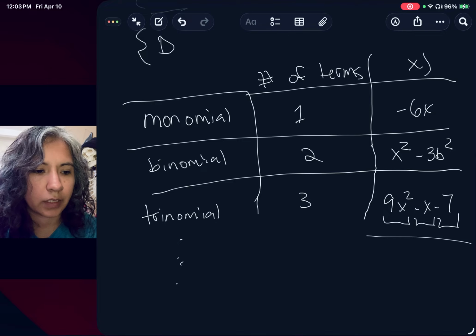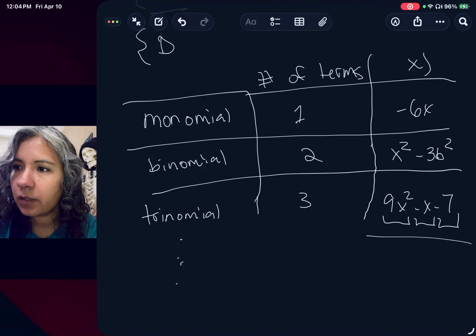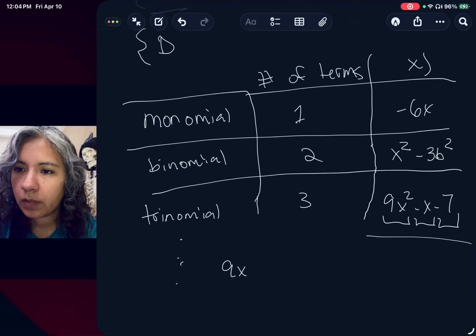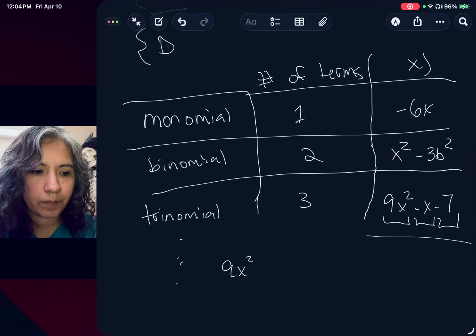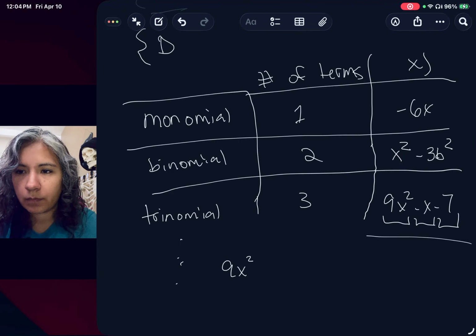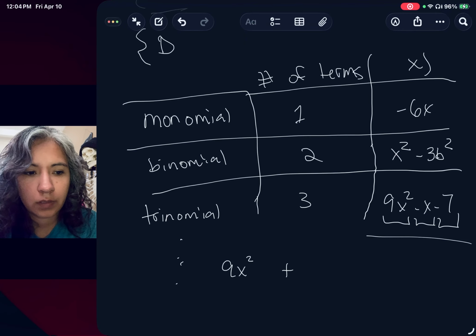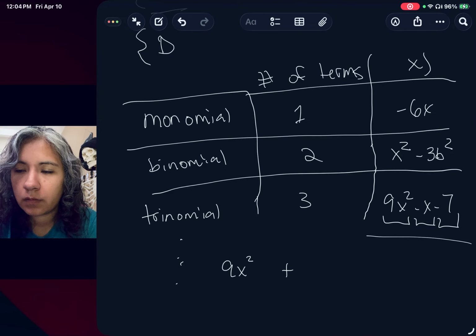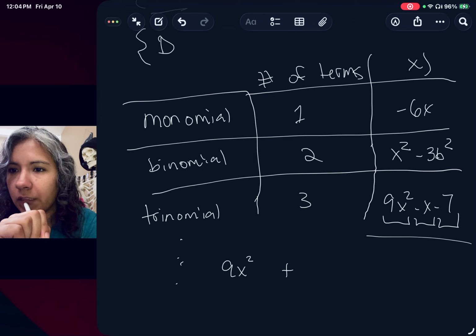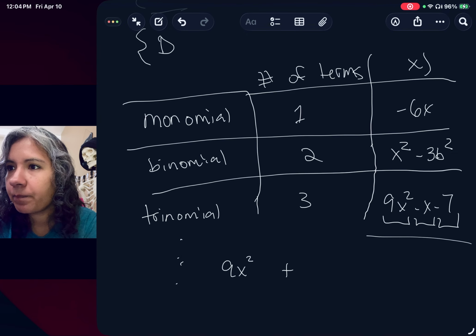The 9x squared, we have our super secret ninja 1, or no, it's not a 1, it's 9, but it's positive, right?